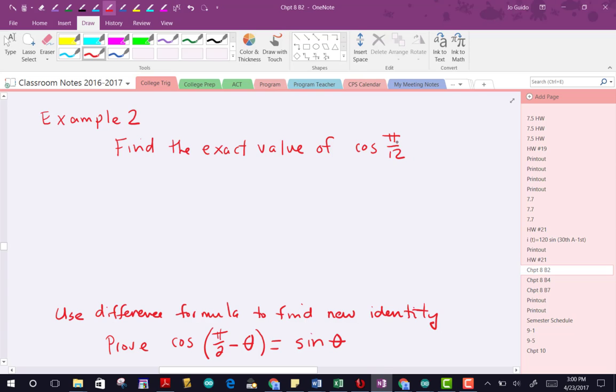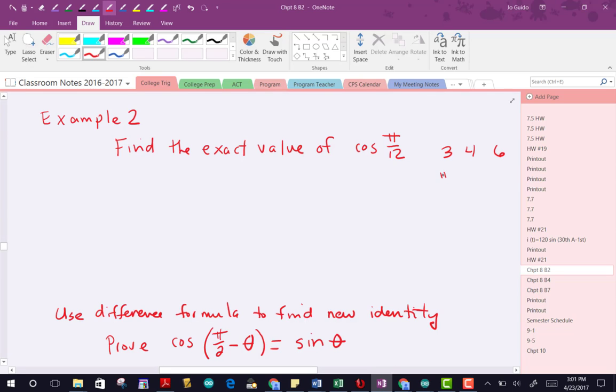So if you start thinking of some of the things in your unit circle, right? So you think about pi over 4 would be 3 pi over 12. Pi over 3 would be 4 pi over 12. Oh, and right there is something that's going to have a difference of 1 pi over 12, right?